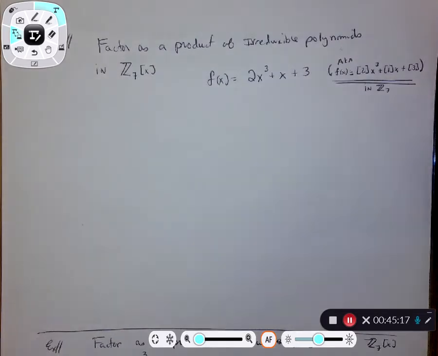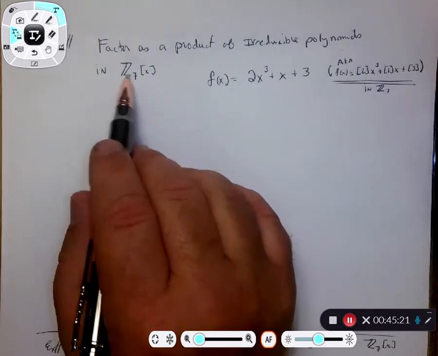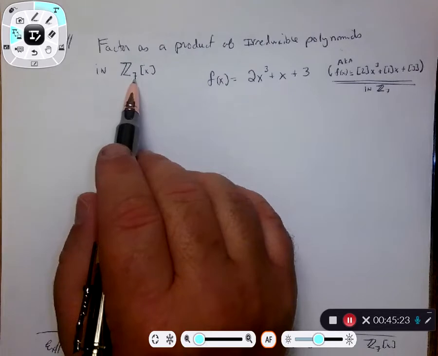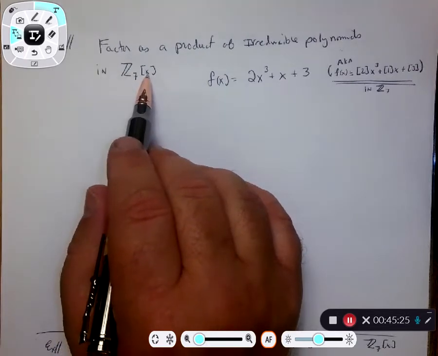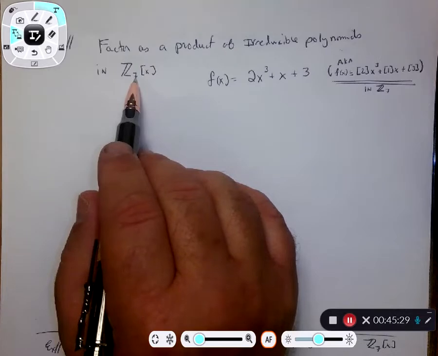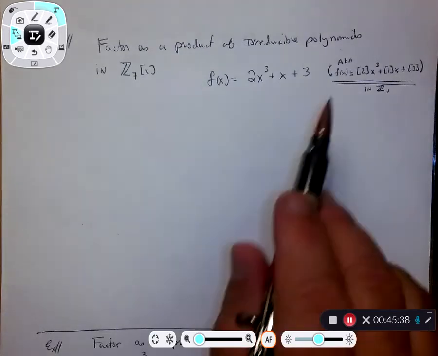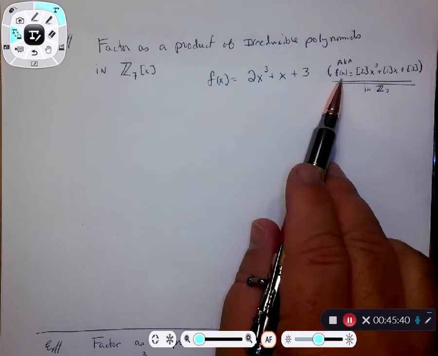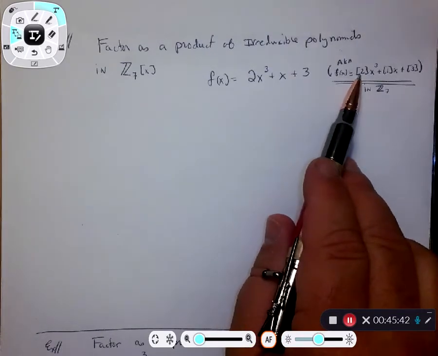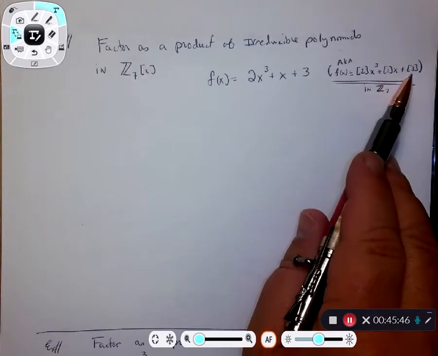So, in this problem, we got Z mod 7 adjoined X, so the coefficients of my polynomial are the equivalence classes 0 through 6. Now I wrote the polynomial like this because the book does. It is 2x cubed plus x plus 3. Now I could have written it like this: f of x is equal to equivalence class 2 times x cubed plus equivalence class 1 times x plus equivalence class 3.